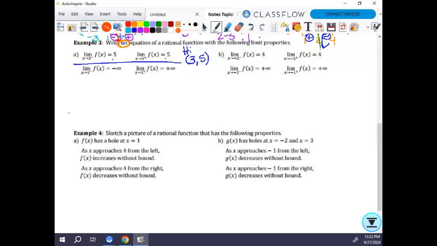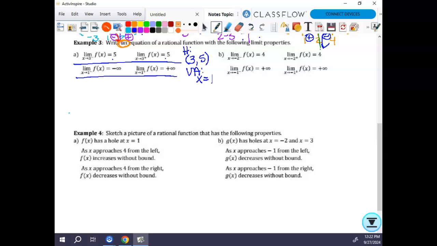See how much we know already? And then the limit as x approaches 1 from both sides is negative and positive infinity. So what does this tell me I have? Vertical asymptote at 1. x equals 1. Good. So then I have a vertical asymptote at x equals 1. Okay? So that's knowing some information.